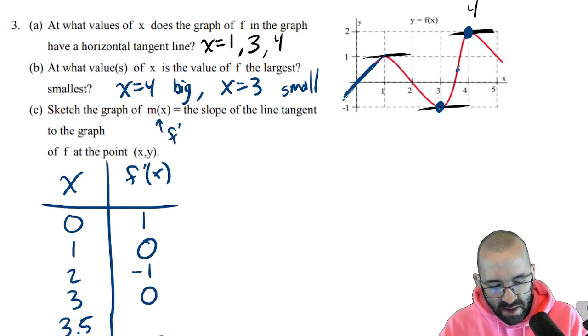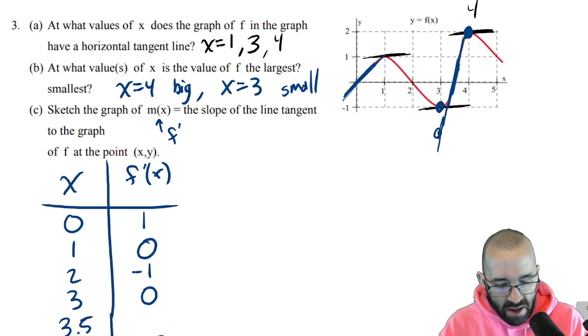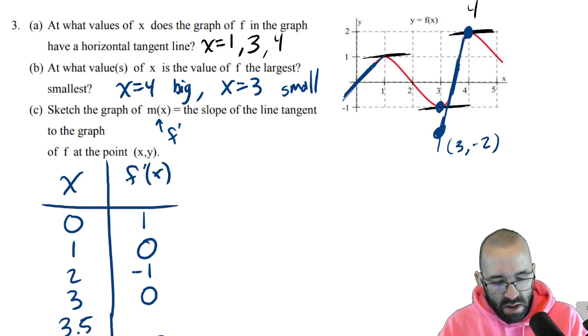3.5, that's a little harder. Pretty darn steep. It's a little hard. Let's say that this point over here is like 3, -2. So it's kind of like we're going up 4 and right 1.